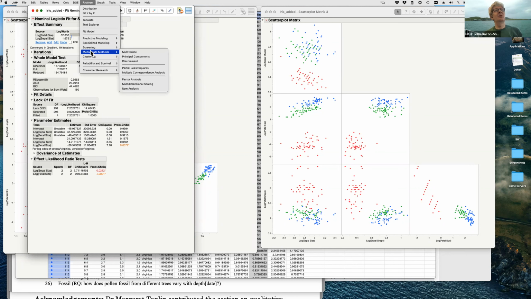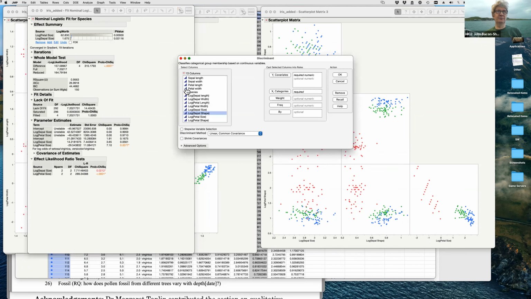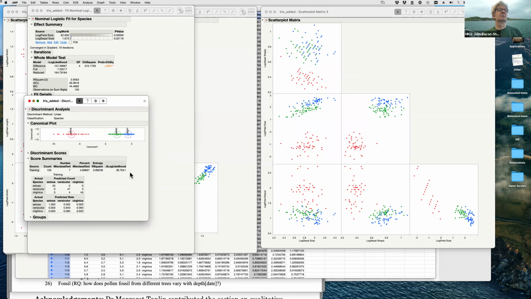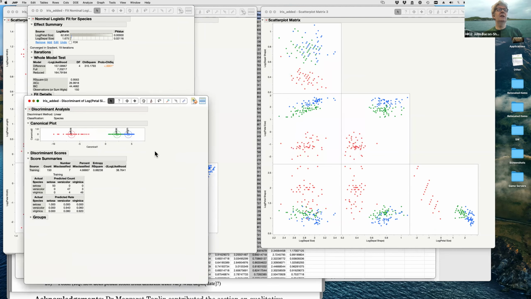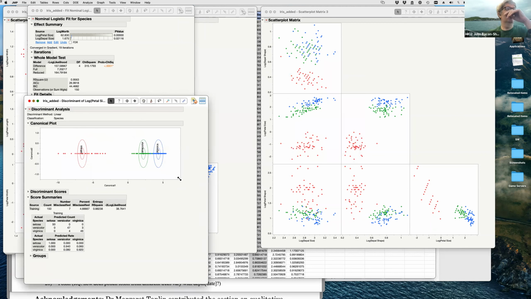So if we go back to our discriminant analysis and do the discriminant analysis using the petal size, which is what I said was good against the species, you can see indeed that I've got perfect separation of red, and almost perfect separation of green against blue.